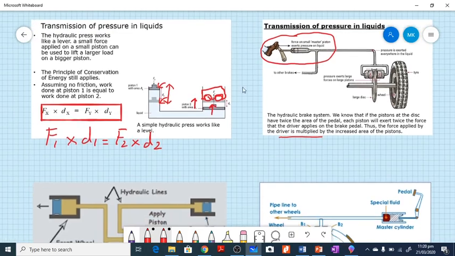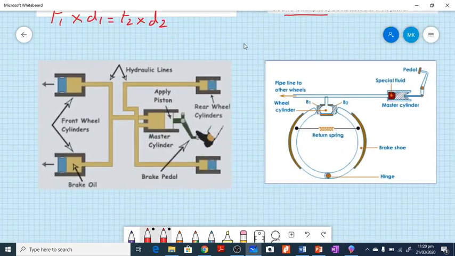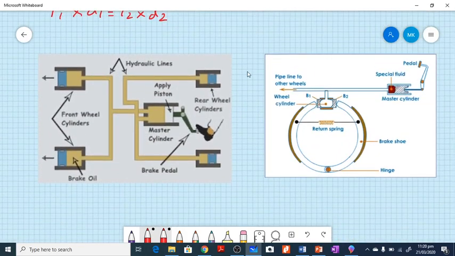The last diagram is now much more detailed and related to the hydraulic system. This is the master piston where we are applying the force. Now these are the four wheels which are attached to the hydraulic system. So when we apply the force, the pressure will be generated. This pressure will be equally transmitted in the upward direction.